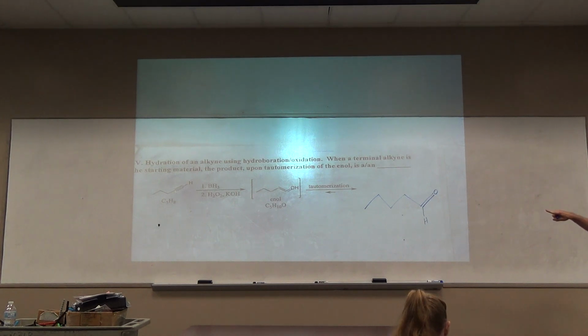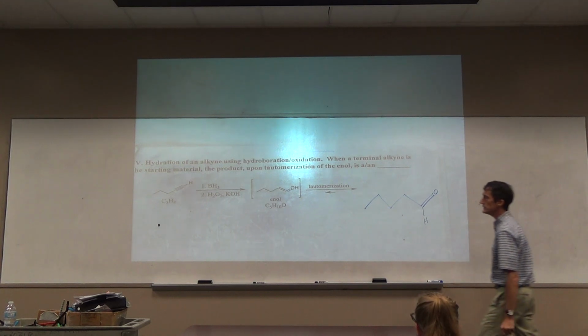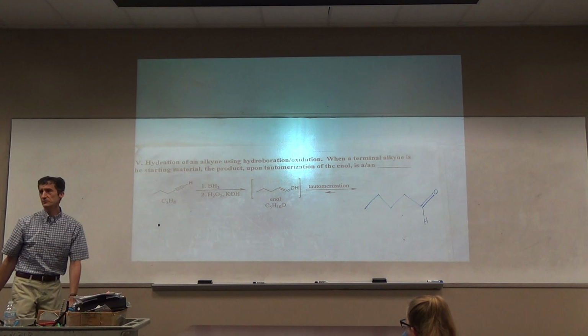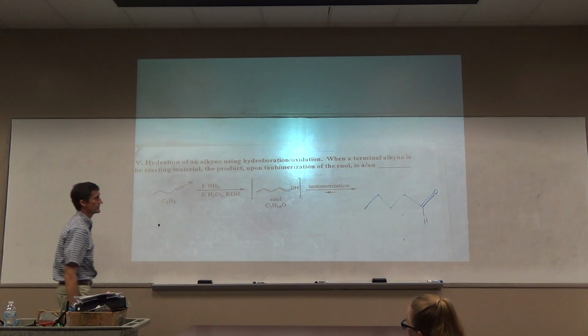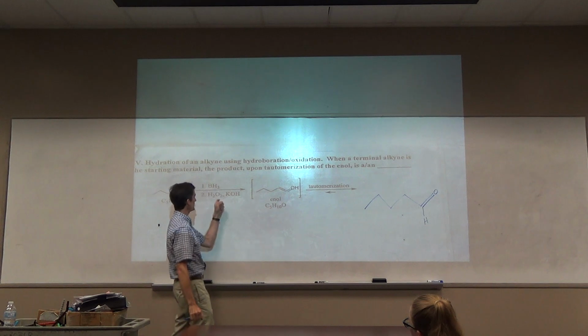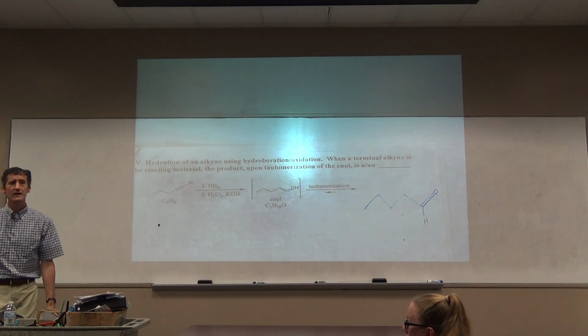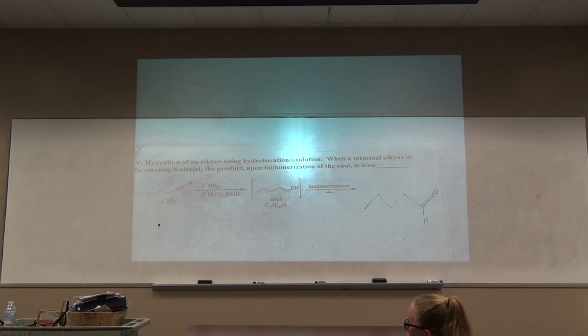Here, tautomerization gives the carbonyl form, but the carbonyl form is actually an aldehyde in this case. Is there anything to remember? If you hydrate with BH3, do you always get aldehydes? No, I don't think so. If you do a tautomerization under basic conditions, do you get an aldehyde? No, I don't think so, not always. It just happens to be an aldehyde in this case.